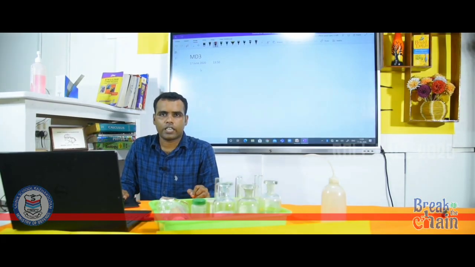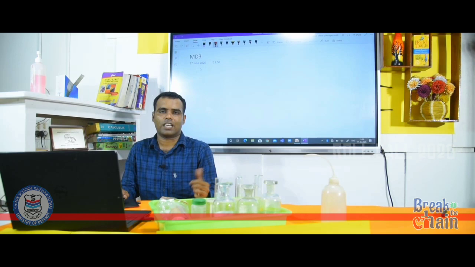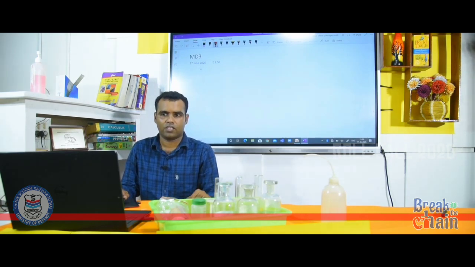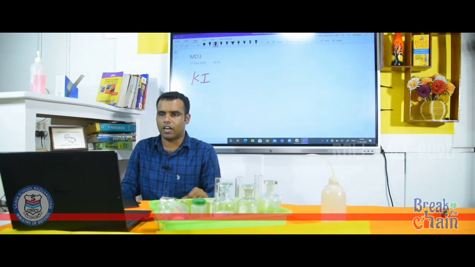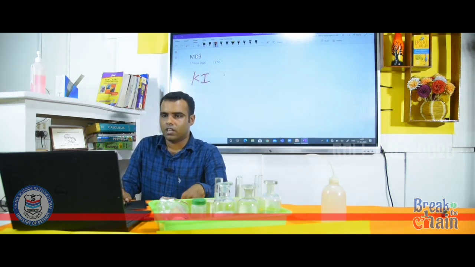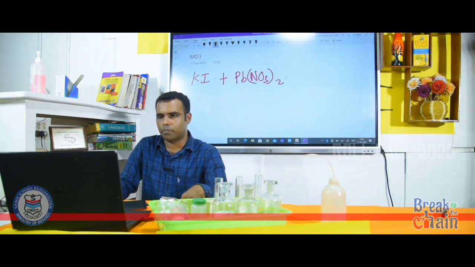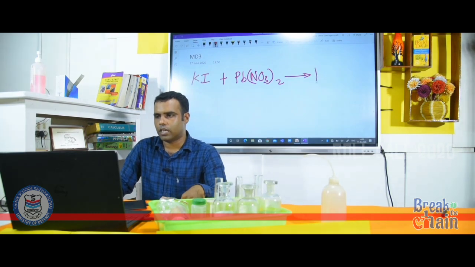Let us try to write the equation for the last experiment. Potassium iodide is KI. Lead nitrate is Pb(NO3)2. The products are potassium nitrate, KNO3, along with lead iodide, PbI2.